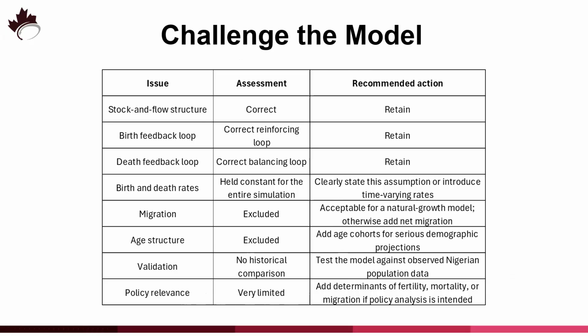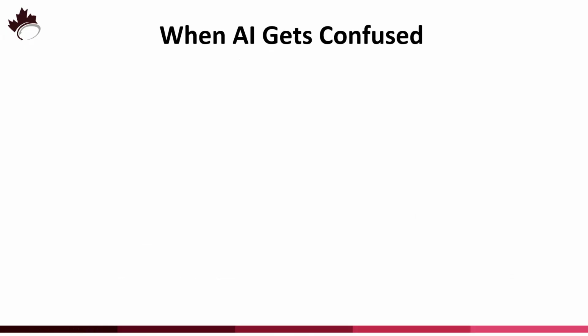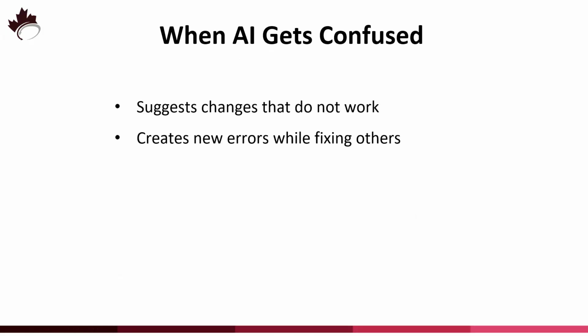So I would want to retain some things, but change some other things, and eventually get to a model that is perfected. So AI can get confused. As we're making changes, it can get confused. So it may suggest changes that do not work, and it may create new errors while fixing others.